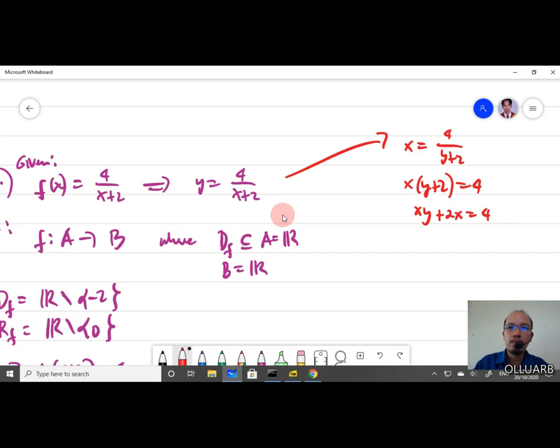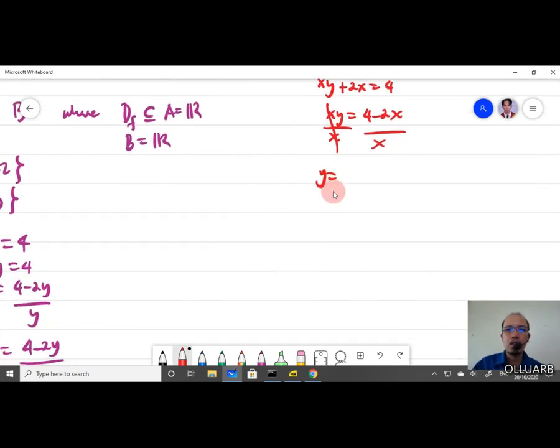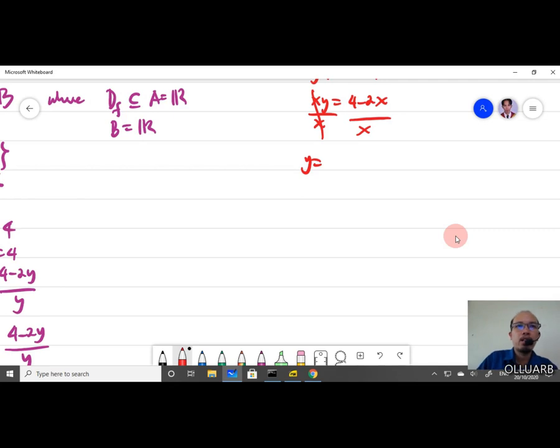And then solve for y in terms of x. Divide both sides by x. So this is our y, 4 minus 2x over x. So this is our inverse, f inverse of x.